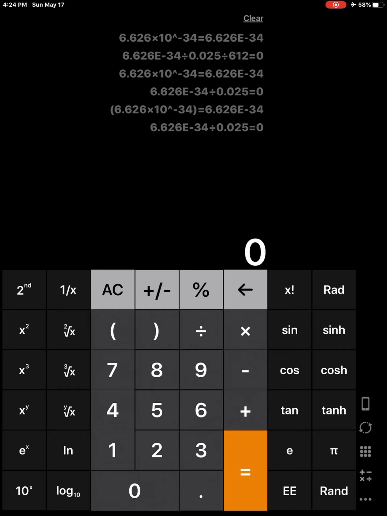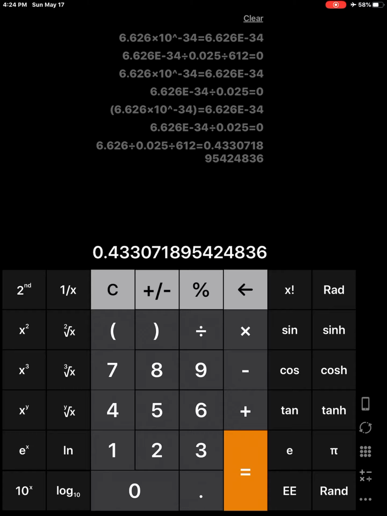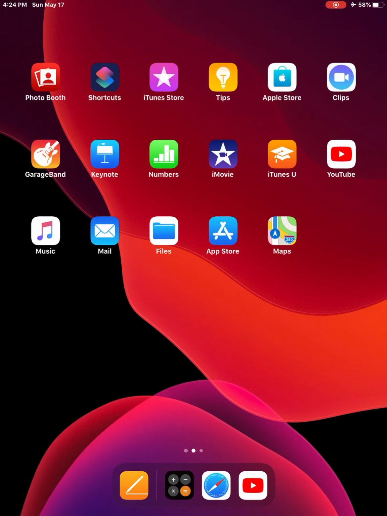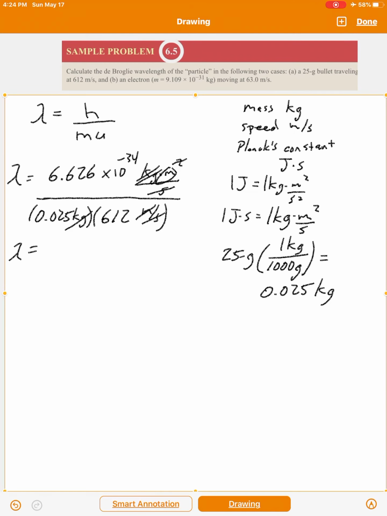So let's try it this way: 6.626 divided by 0.025 divided by 612, and you get 0.433. Now we just have the 10 to the minus 34. Putting that in scientific notation, move this over 1, and you get 4.33 times 10 to the minus 35. Okay, so there's your wavelength.